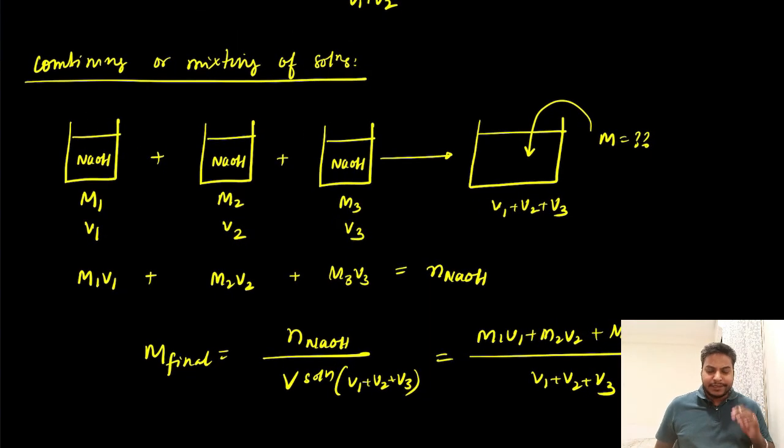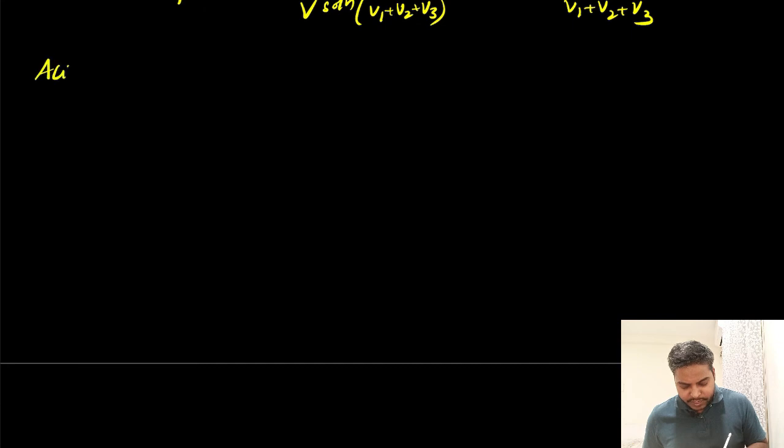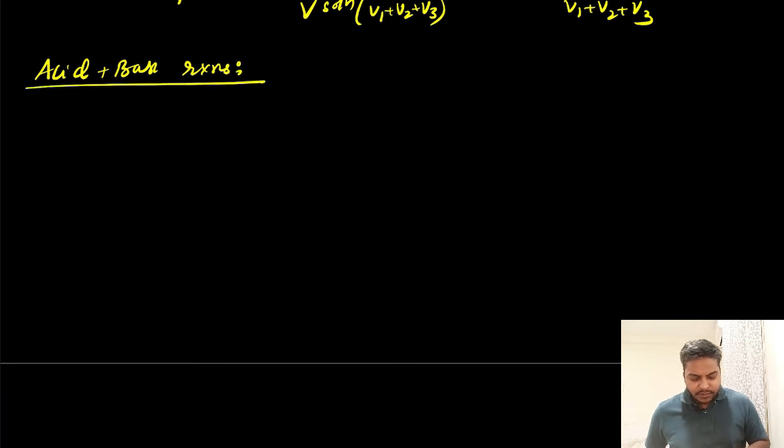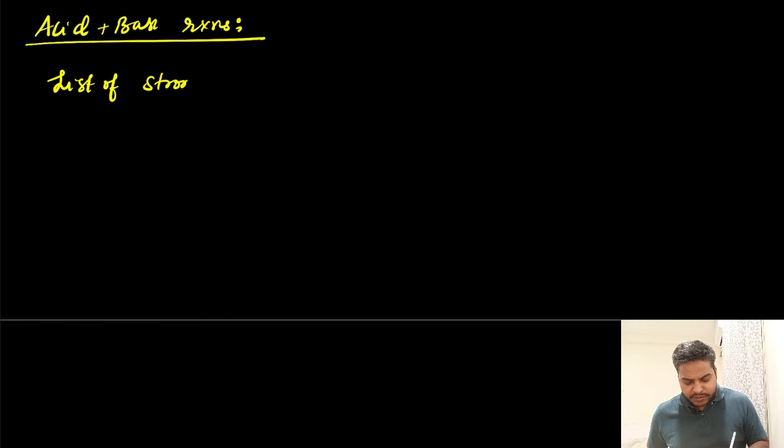Okay, these three cases I would personally suggest everybody to revise carefully. One is dilution, one is combining or mixture of solutions, the third one is neutralization. The third one is an acid base reaction or neutralization reaction. For our simplicity, first I'll give you a list of acids to remember wherever you come across them.